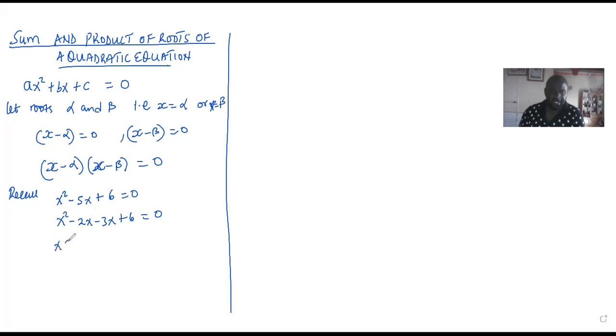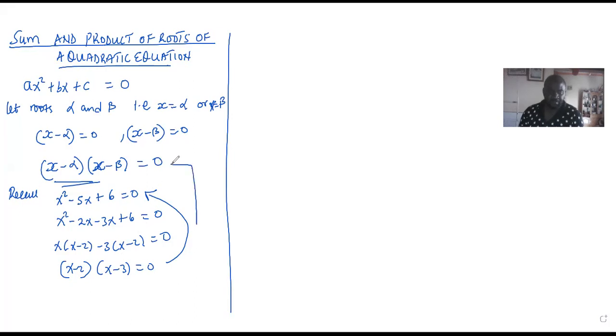Then you get x into x minus 2 minus 3 into x minus 2 is 0. Then x minus 2 multiplied with x minus 3 gives you 0. The idea of this equation was coming from that. So even here, if these are the factors, then those two factors multiplied together also give you 0, because each of them is equated to 0.